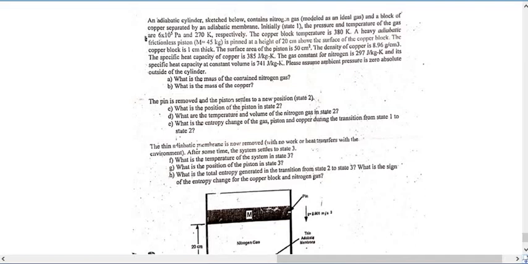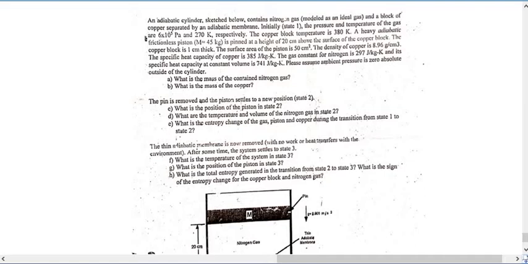Initially, state 1, the pressure and temperature of the gas are 6 exponential 5 Pascal and 270 Kelvin respectively. The copper block temperature is 380 Kelvin.